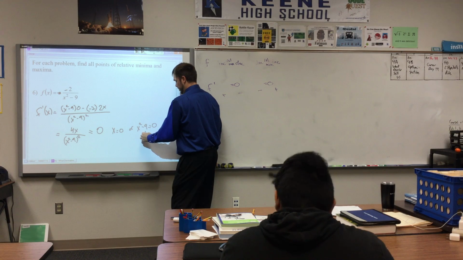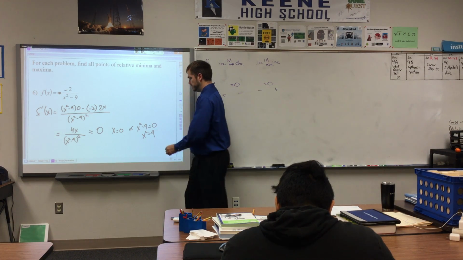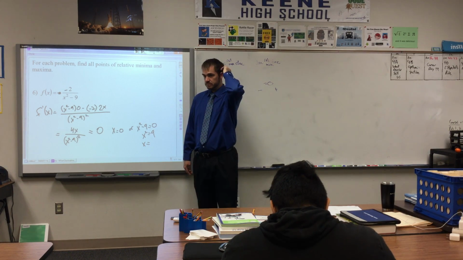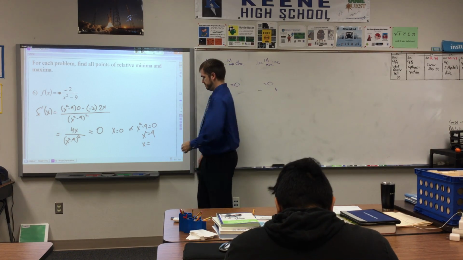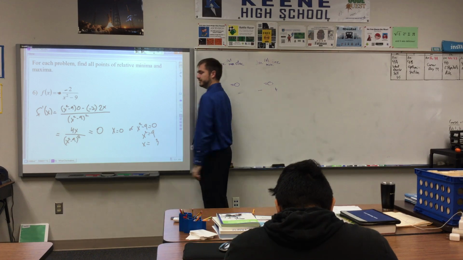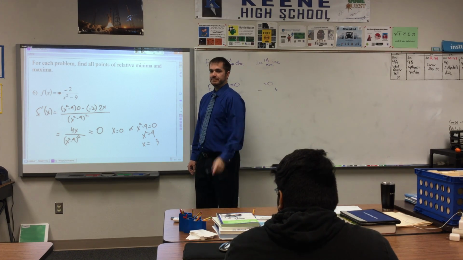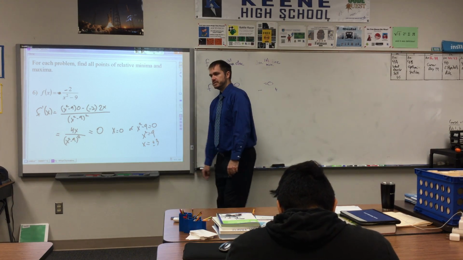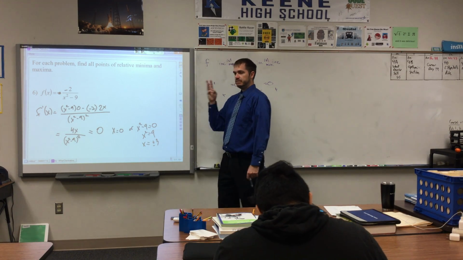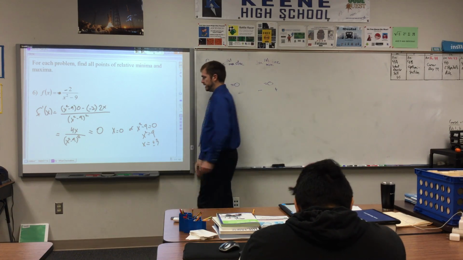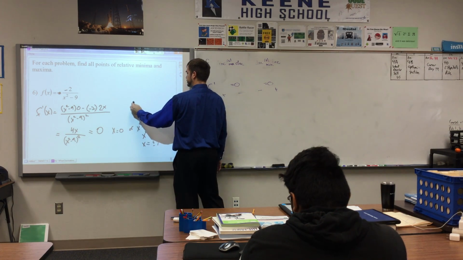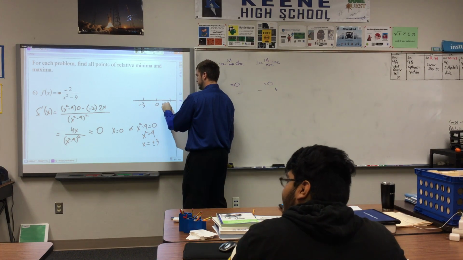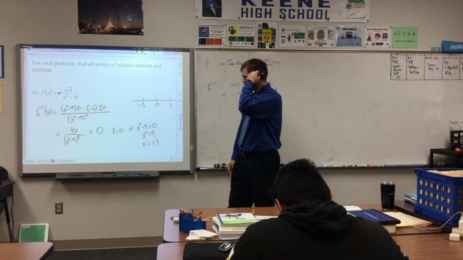That means x squared equals 9. When does that occur? When x equals 3. Almost. 3, plus or minus. Yeah. This is one of those cases where it actually does make a difference because we now have 3 critical points. We have negative 3, 0, and positive 3.